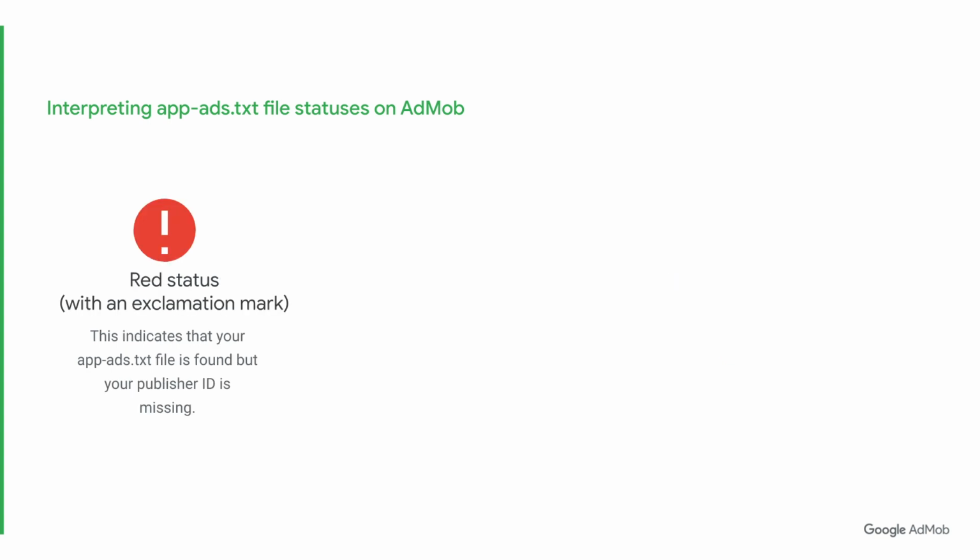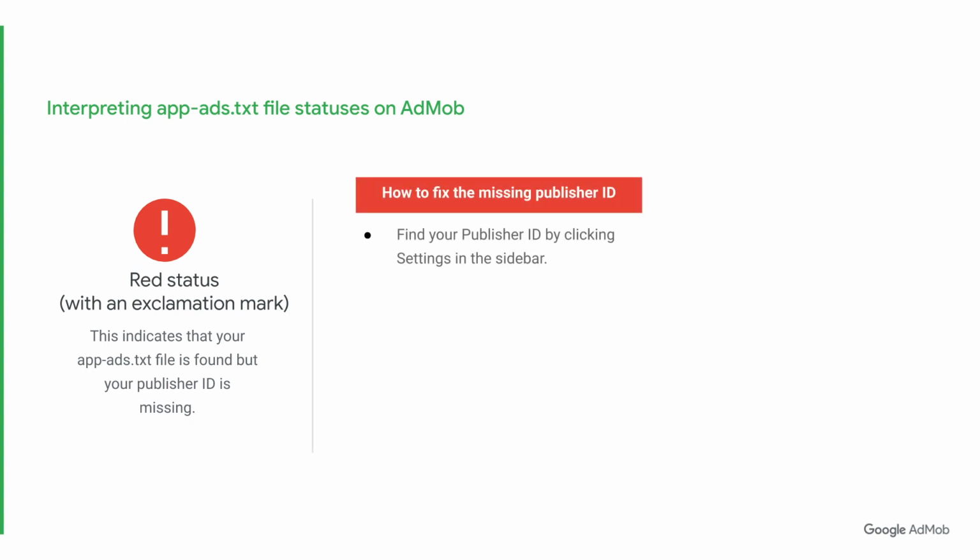When you see a red status with an exclamation mark, this indicates that your apex.txt file is found but your publisher ID is missing. To fix this, you'll need to update the apex.txt file to include your publisher ID. You can find your publisher ID by clicking Settings in the sidebar. It is located in the Account Information section in the AdMob UI.